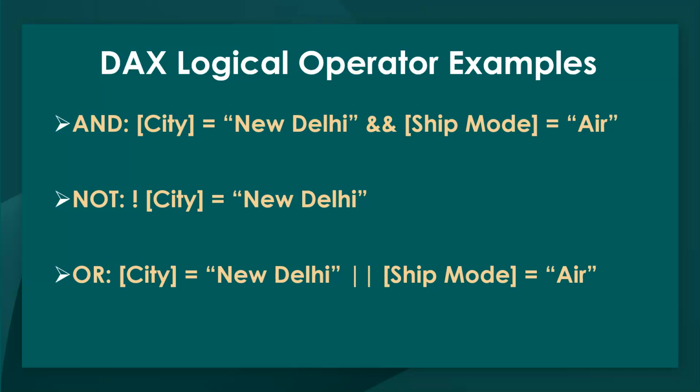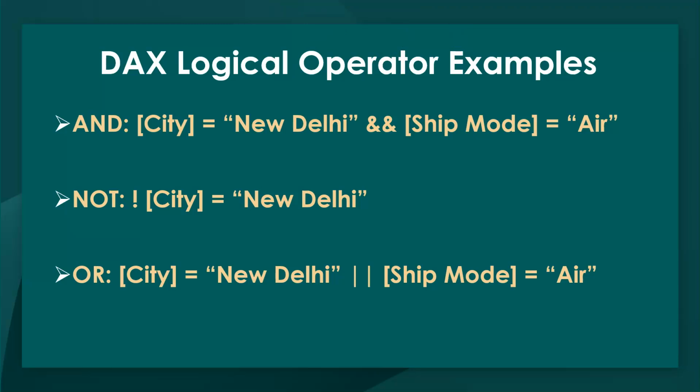The first column is city, where I have selected New Delhi, and I have put two ampersand signs, which means AND, and I'm looking also for the ship mode, which is air. So definitely when these two logics are true, the value will return. I have put the city from the city column.